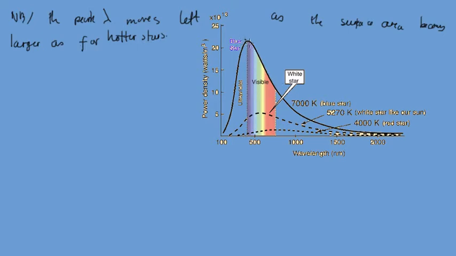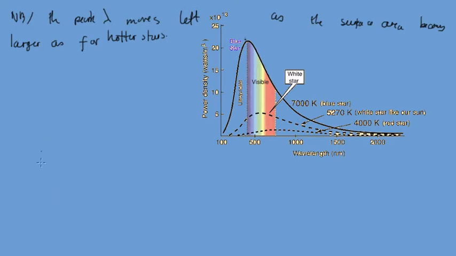So a blue star, this peak wavelength is in the blue part of the visible range. A red star has got less blue light and more red light, so it appears to be red. And if you were to go out in the night sky, you'll see some stars have a nice bluish tinge to them, some are more white, and some are really quite red looking. And that's because of the different temperatures of these stars.